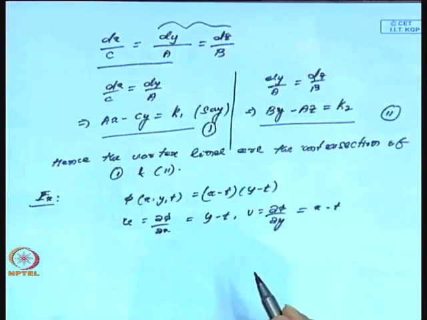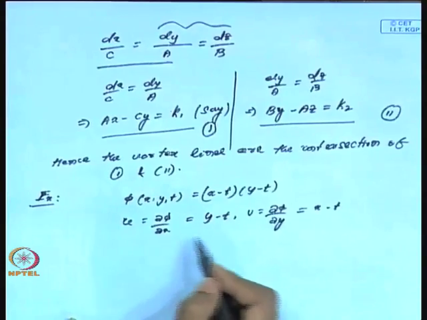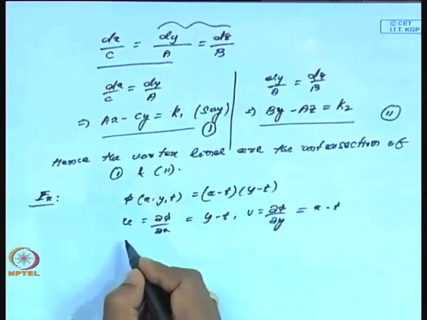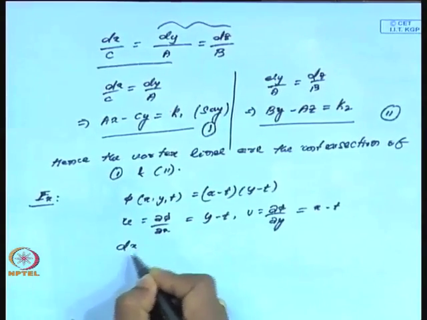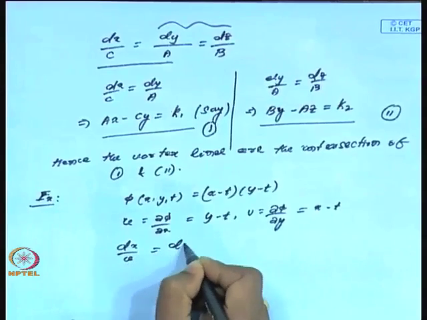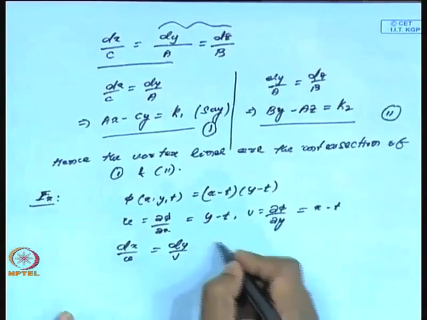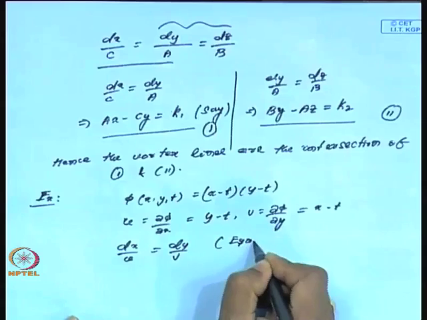So, we have got u and v, and once u and v are known, what is the equation of the streamlines? That is dx by u is dy by v. These are the equations of the streamline.